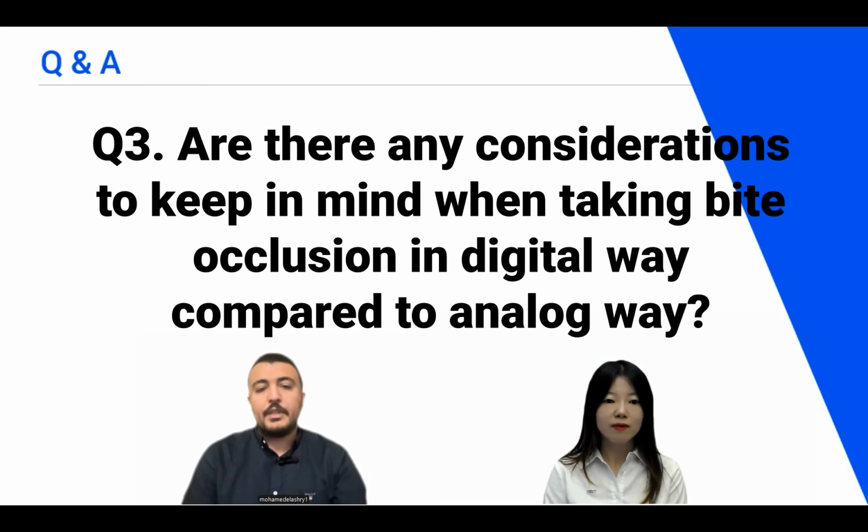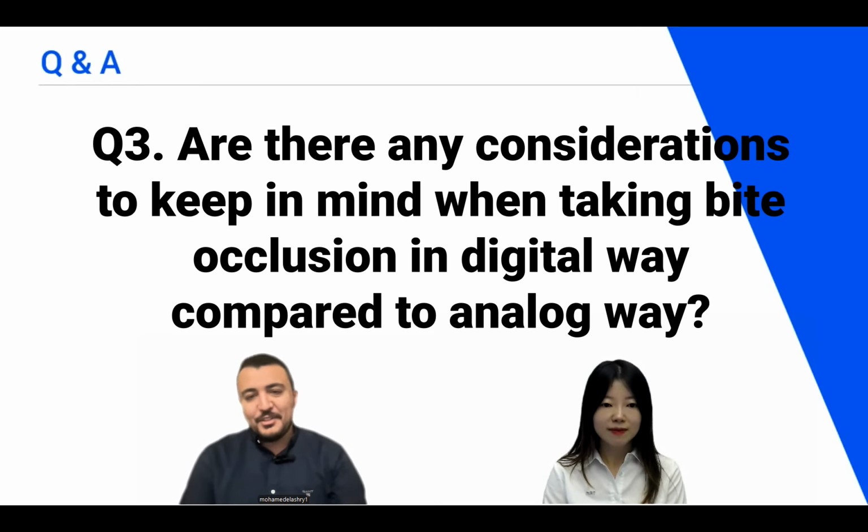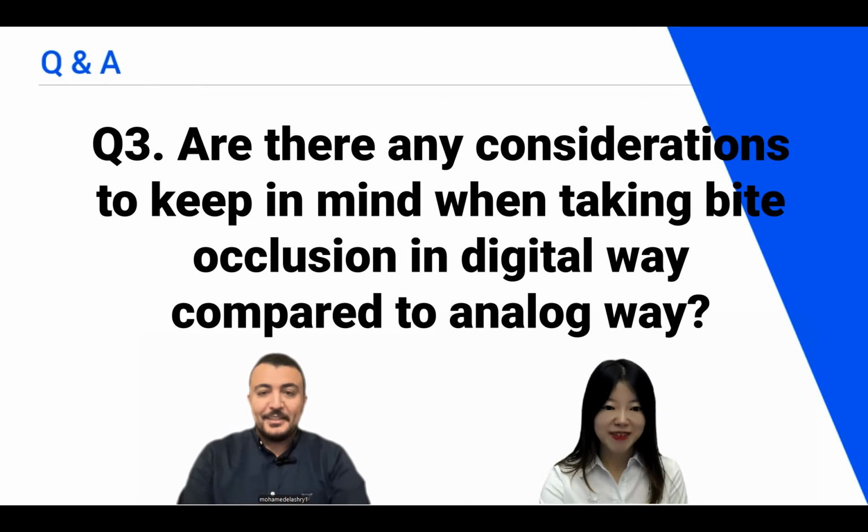We have to take care of this point, because I have many cases, especially at the start of using the scanner, with very high restoration of the anterior teeth because I scanned only this sextant or from canine to canine. So you have to scan the full arch if you are going to restore only the anterior teeth.